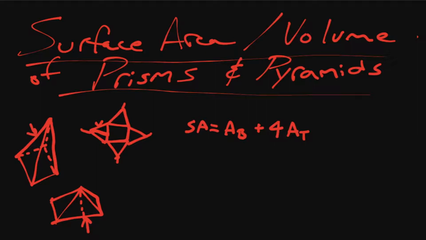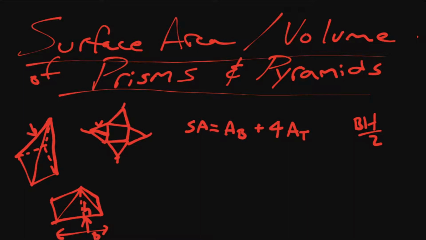Then I could use it, because this would be my height, and then the measurement this way would be my base. That allows us to use the formula for a triangle, BH over 2, base times height over 2.